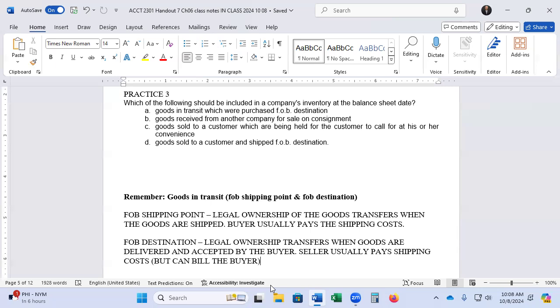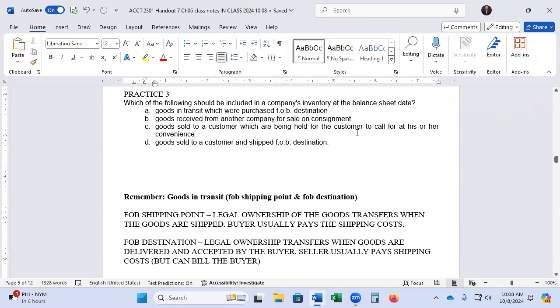They don't own the goods at all. They sell it, give you your money, and then take a fee. But your inventory is always your inventory. So since this was received from another company, this is their inventory. And you would not ever have ownership of that inventory. So that is not included.